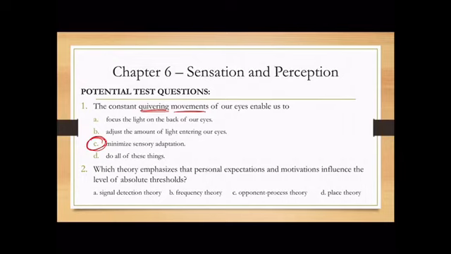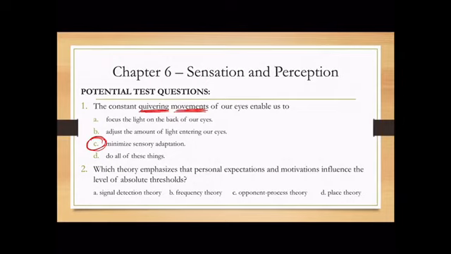And so we have these constant quivering movements of the eyes so that we're actually not staring at the same place for too long. And you can try it. Try staring literally exactly at one spot and not moving your eyes at all. It's hard to do. Your eyes constantly quiver because we want to minimize sensory adaptation so that you can continue to visually perceive things around you.